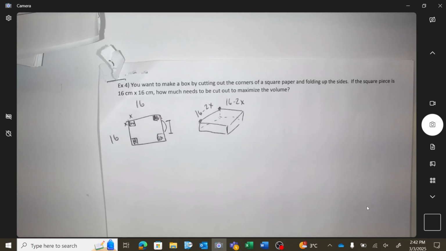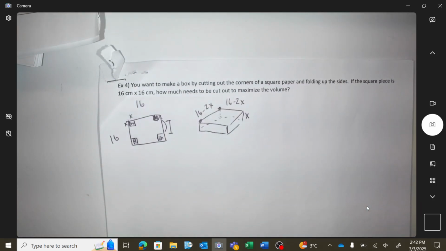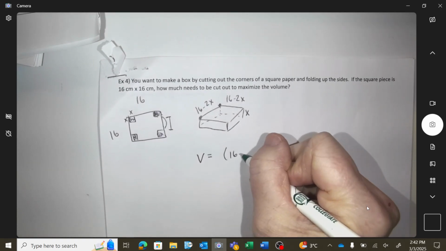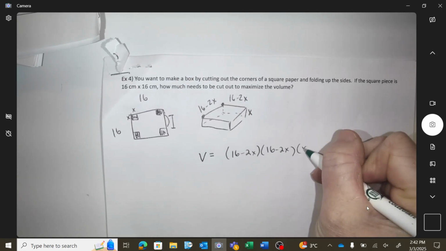Just be careful, it might be a different number. And what's the height when you flip it up? X. So we're maximizing our volume. Length times width times height.